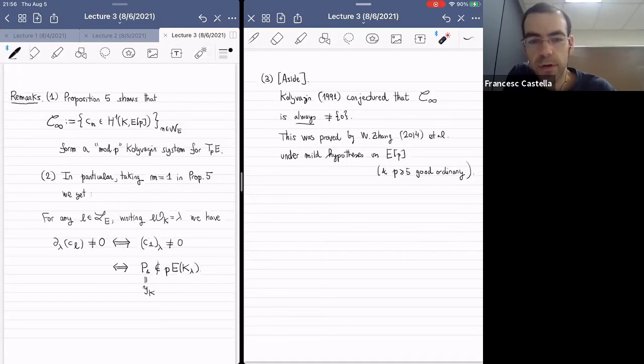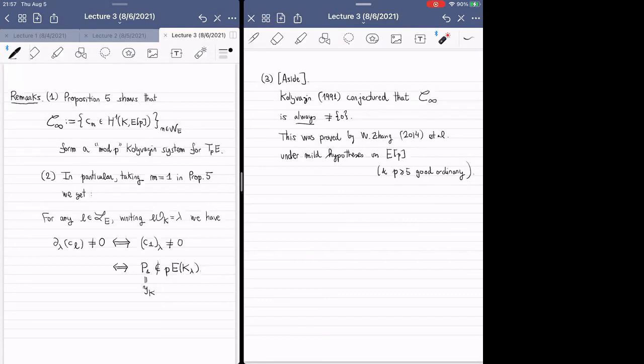It's just in specific cases like Kato's Euler system or Heegner points that one has a conjecture predicting under which circumstances the Kolyvagin system should be primitive. So this mod p collection of classes should be non-trivial, but maybe there is no general conjecture yet. Okay, thanks.